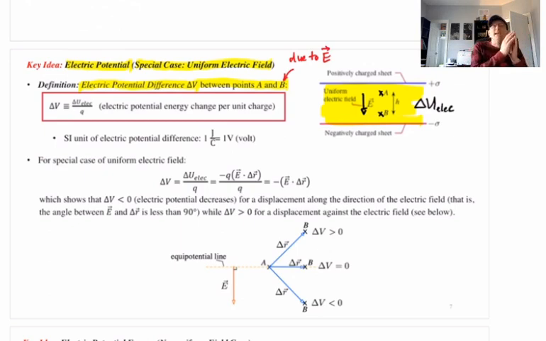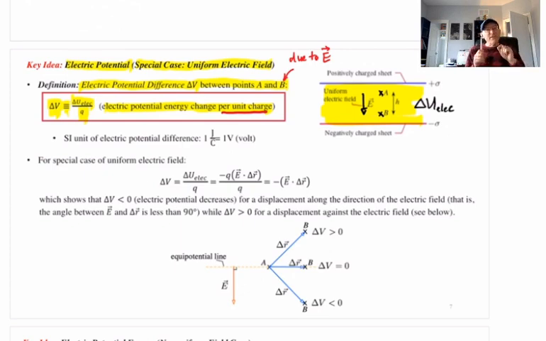Just like the gravitational potential difference quantity I just defined, delta Vg, was due to the uniform gravitational field that was there, the electrostatic potential difference, delta V, is due to that uniform electric field E. And the potential difference, delta V, between the 2 points A and B, is defined to be the change in the electrostatic potential energy of our charge Q as it goes from A to B, divided by Q. So you can think of delta V as the electric potential energy change per unit charge.